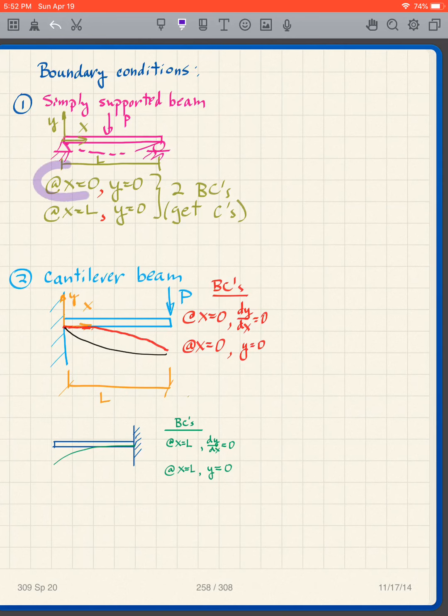At x equals 0, y equals 0. In other words, for that line there, y equals 0. Over here, y is also equal to 0. So our next one is at x equals L, y equals 0. We're going to use those two boundary conditions, and those two boundary conditions are going to give us our C's.